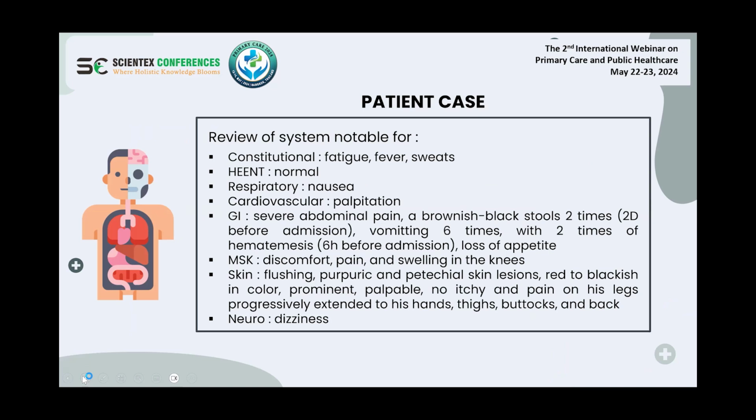Then he vomited 6 times with 2 episodes of hematemesis, 6 hours before admission, and had loss of appetite. That continued with discomfort, pain, and swelling in the knees, and a purpuric petechial skin lesion, red to blackish in color, prominent, palpable, not itchy and not painful, on his legs, progressively extending to his hand, thigh, buttock, and back.